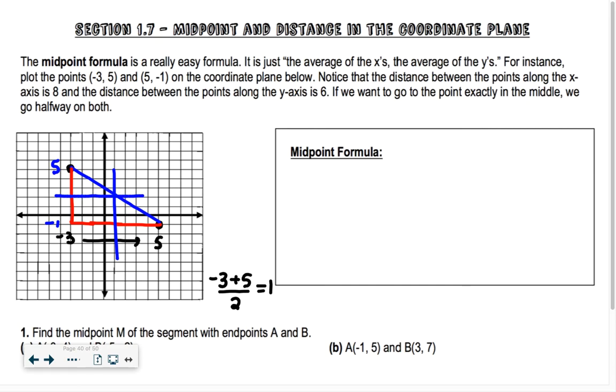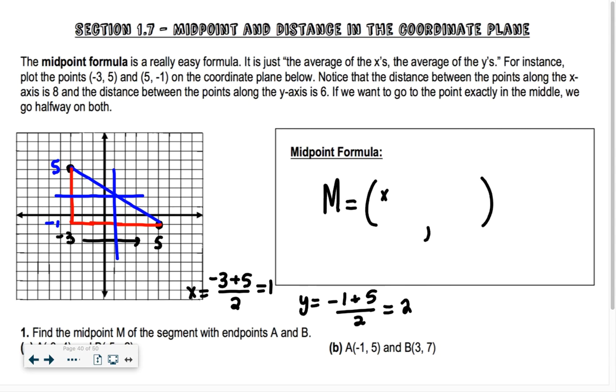Okay. Well, what was the y value? So if I took my y value, and I took my negative 1, and I added 5 to it and divided by 2, what do I get? I get 4 divided by 2, which is 2. Doesn't that give me the same thing? Okay, so the midpoint formula, the quickest way to do it is just to find the average of the two x values and the average of the two y values. And we write it as a point.